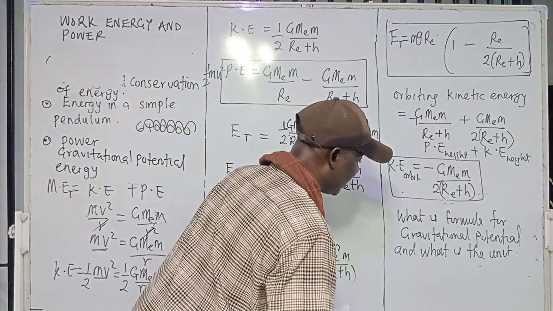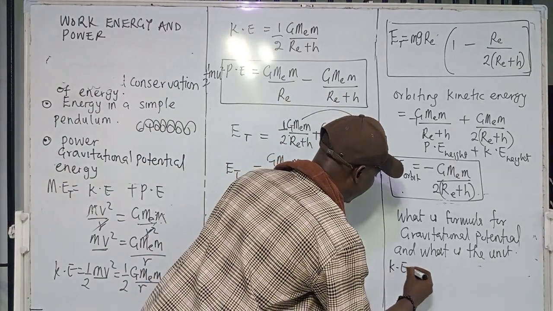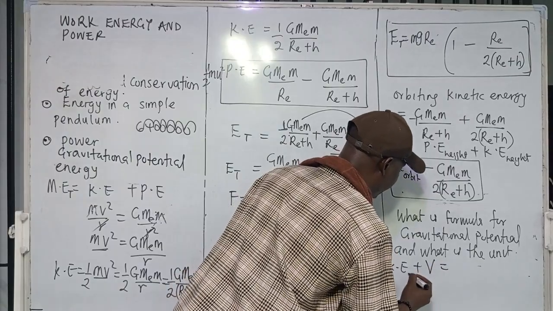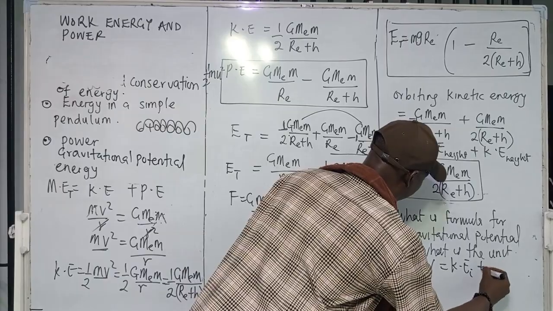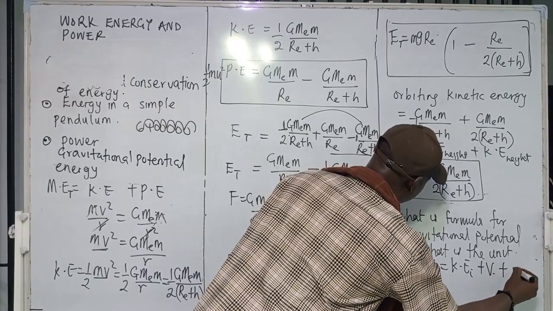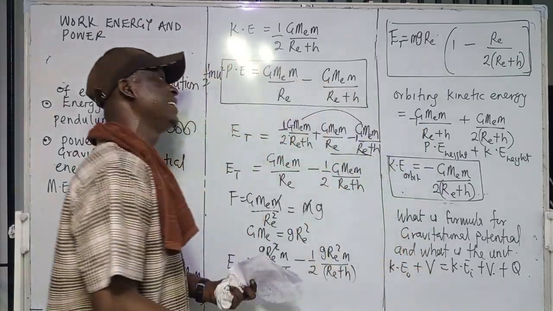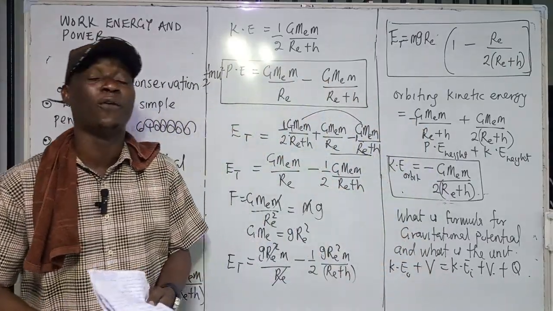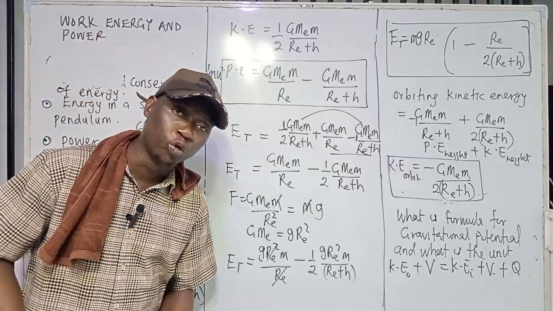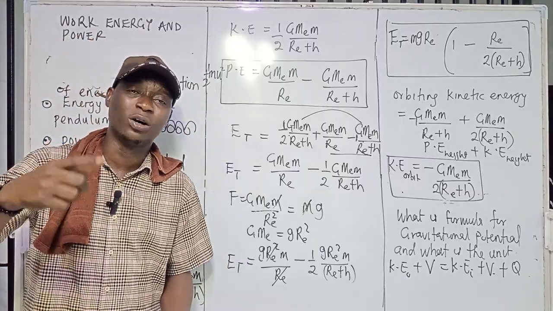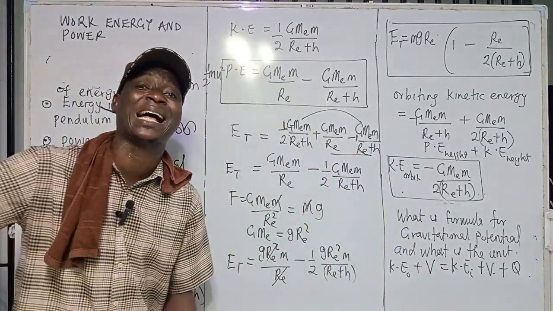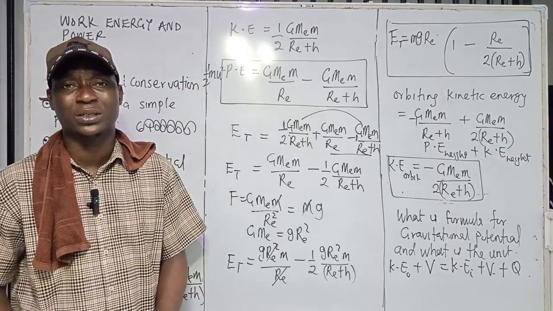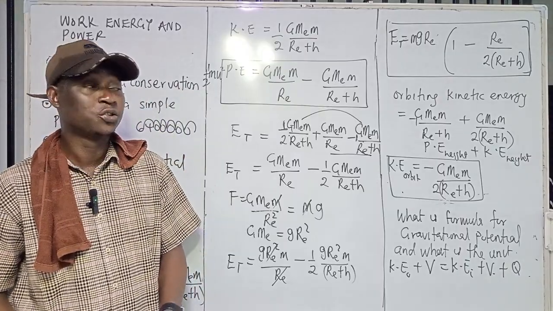That means kinetic energy plus gravitational potential energy before equals kinetic energy after plus gravitational potential energy after plus Q, where Q is the loss of energy due to heat. In this case, the mechanical energy is lost as heat in non-conservative systems.